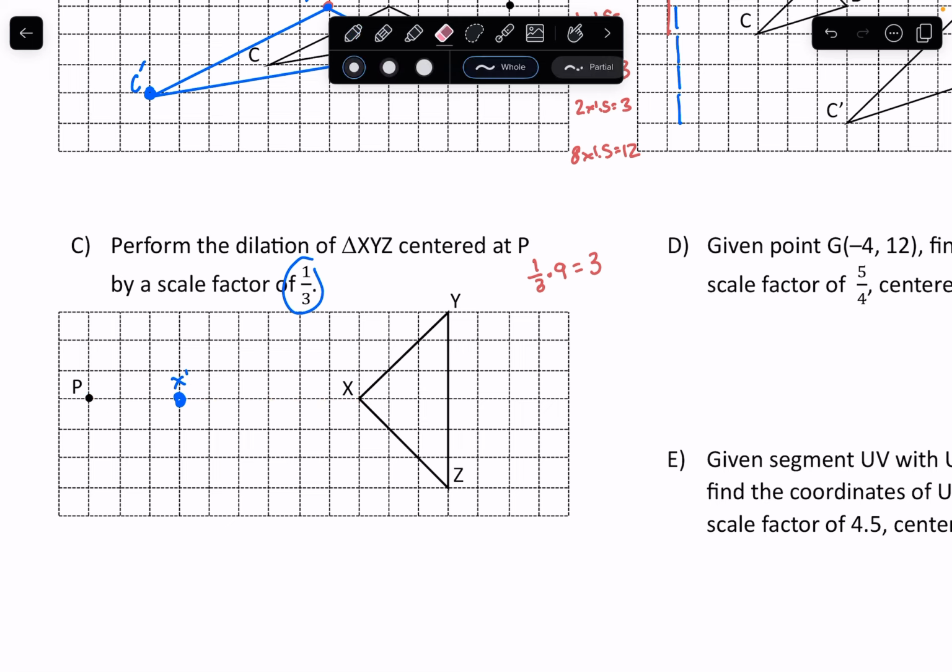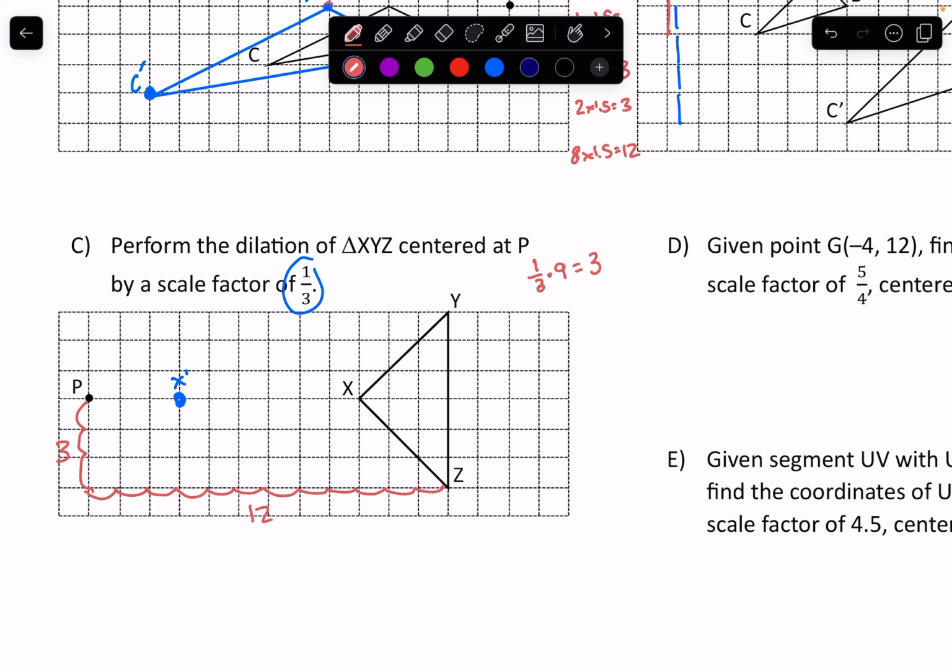Okay, let's do the same thing. Let's go to Z. So to get to Z, I go down 1, 2, 3, and I go over 1, 2, I'm going to put a 3 right here. 1, 2, 3, 4, 5, 6, 7, 8, 9, 10, 11, 12. So I go down 3 over 12.